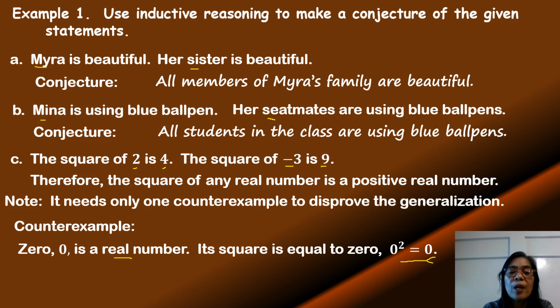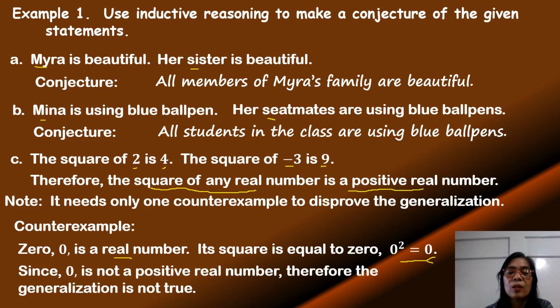So we have found a counterexample for the third statement that the square of any real number is a positive real number. So using the counterexample 0, we say that this statement is not true. So since 0 is not a positive real number, therefore the generalization that the square of any real number is a positive real number is not true.